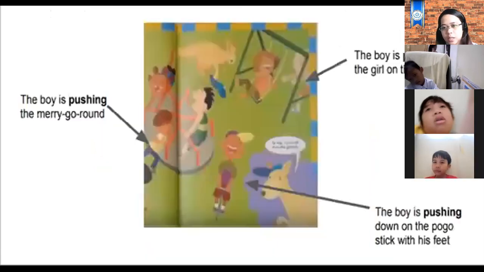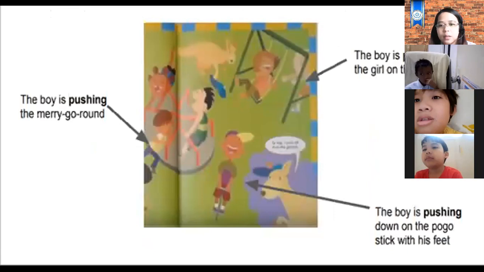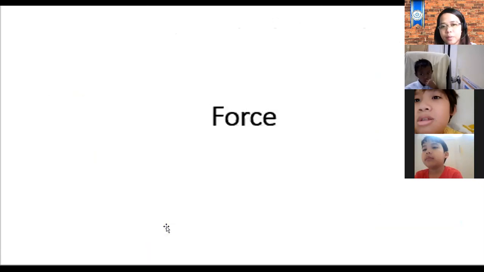So here, the boy is pushing the merry-go-round. Then you have another one, the boy is pushing the girl on the swing. And the boy is pushing down on the pogo stick with his feet, right? Can you see it? So these are examples of force.